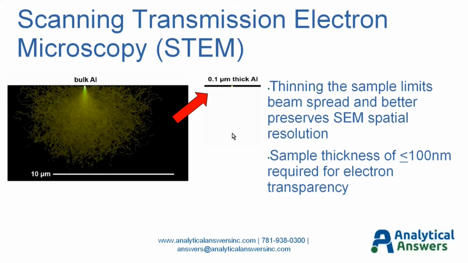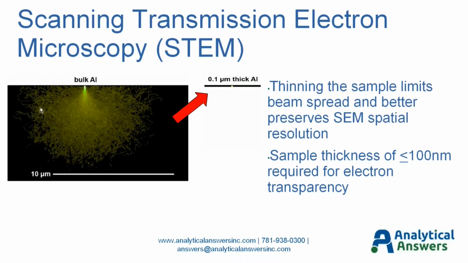We can move to a scanning transmission electron analysis in the SEM. We can do that by taking our bulk sample and actually removing most of the material from the back side, leaving us with this very fine sliver of material to perform our analysis on.